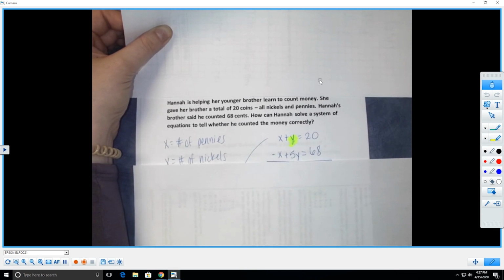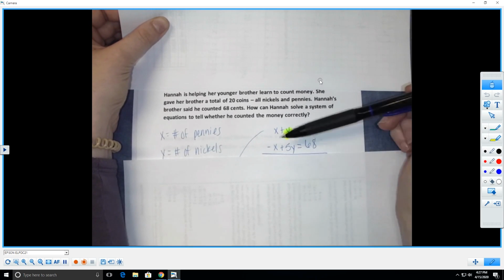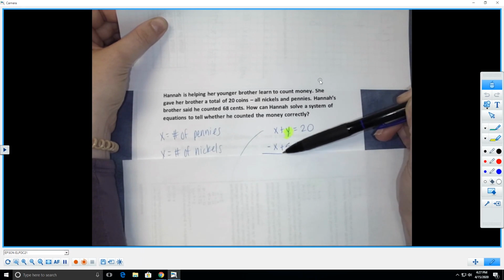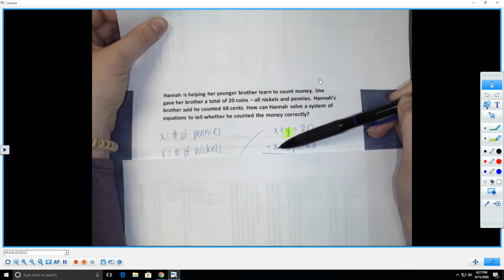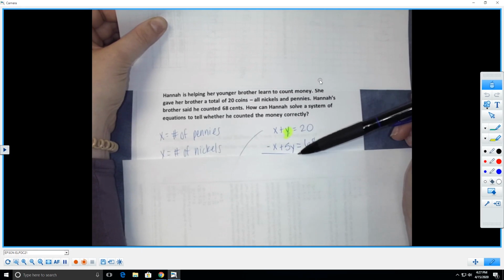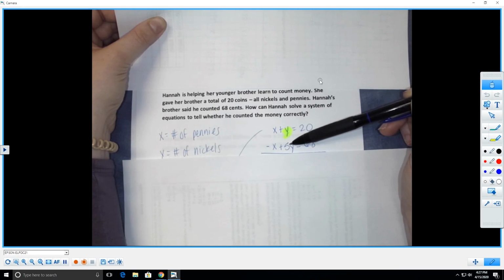So our system should look something like this. I know when I add my pennies and nickels together that I had 20 total coins. I know that the value of pennies is 1, so there's just an understood 1 to be my coefficient here. I know the value of nickels is 5, and I know that when I add these two values together, I have 68 cents.